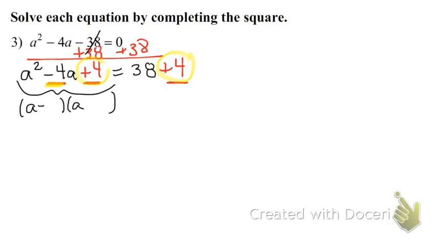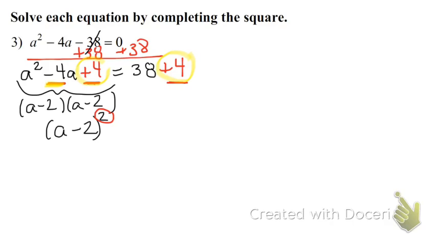So they're both going to be negative. They've got to multiply to 4 and add to negative 4. So it's negative 2 and negative 2. If I rewrite that, that's a minus 2 squared, because there are two of them. Now that's a big deal. That's the whole reason that we call this completing the square, because we turned this into a perfect square. That's the whole point of this.